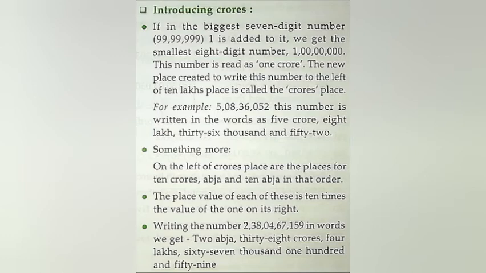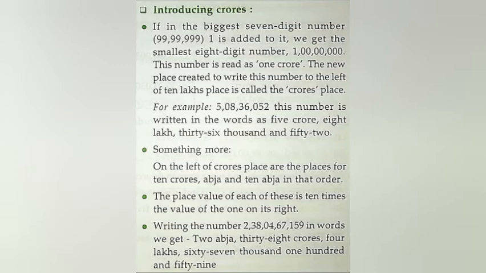Now after 10 lakhs we learn about 1 crore. The new place created to read this number, to the left of the 10 lakhs place, is called crores. After lakhs we learned about 10 lakhs, which was to the left of lakhs. Now we learn about the left of 10 lakhs, which is crores.